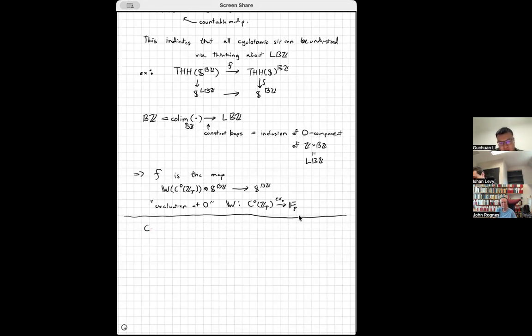I want to claim that we can think of a module over the spherical Witt vectors of continuous functions on Z_p as a continuous family of spectra, of p-complete spectra, I guess, parameterized by Z_p.